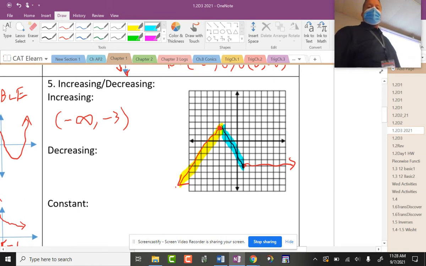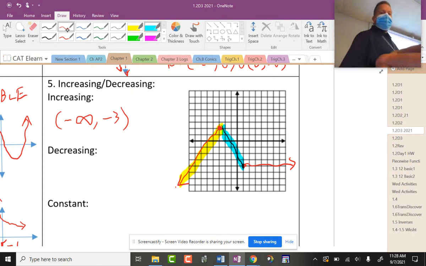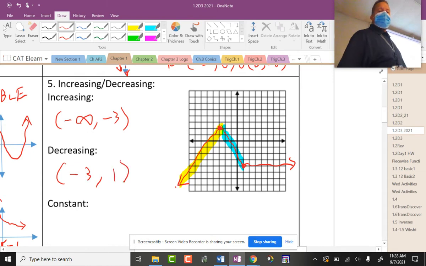Then it's doing what? Decreasing. And that's from the x's that you plug in, from -3 to 1. This is why I made specific coordinates, so that you understand these must be the x coordinates, the inputs you list that create the decreasing outputs.